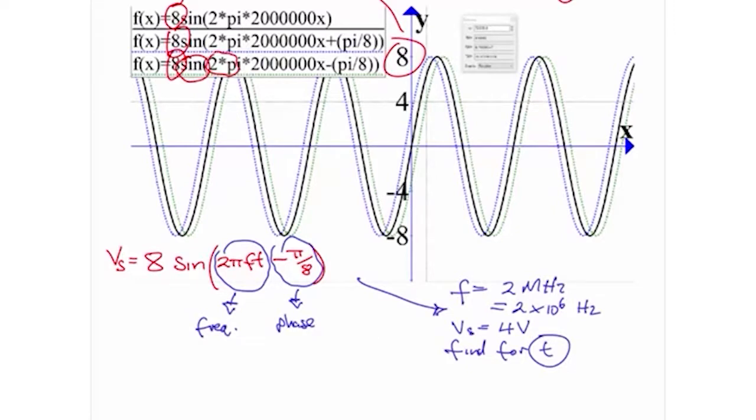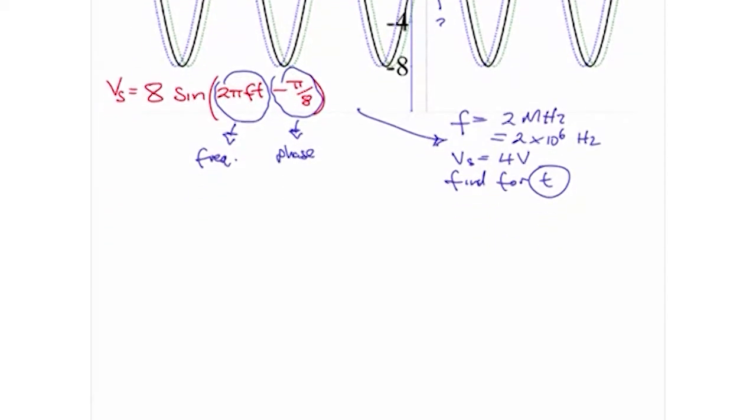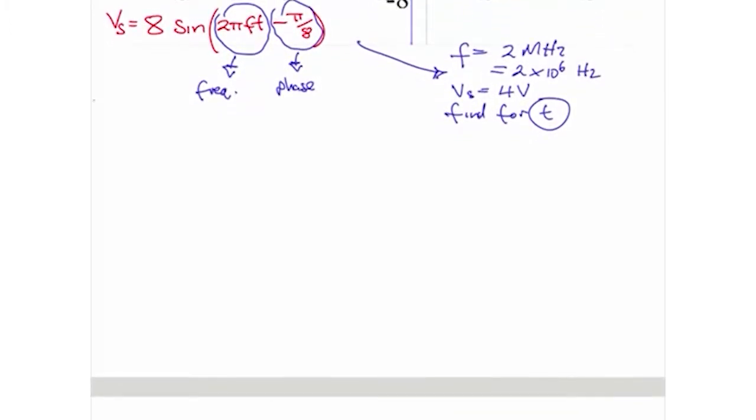When does the green graph go to 4 initially? Well, here's 4 there. So we're looking at that point in time there. What is that point in time? That's our question.